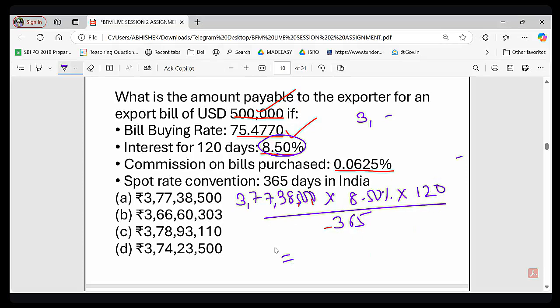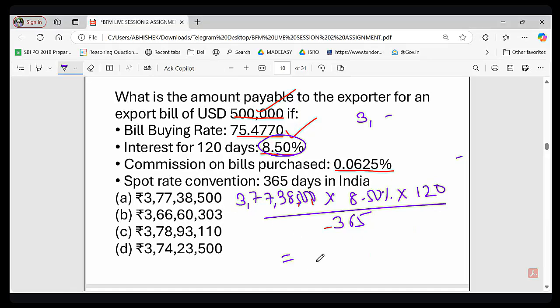Okay, wait a minute, I'm calculating it here. So how much will this be? Have you calculated it? Please type in the chat box. What answer are you getting after calculation?